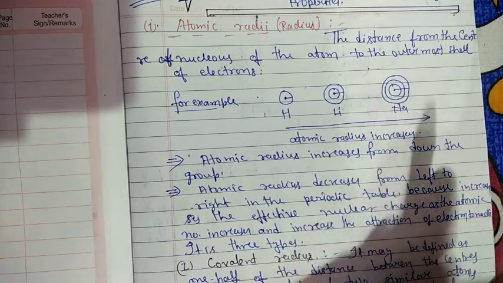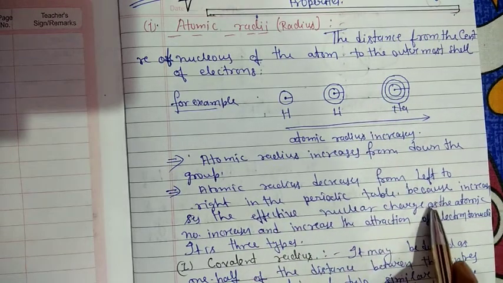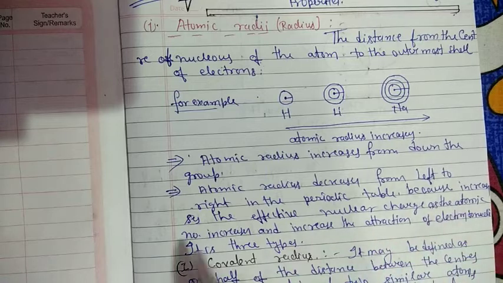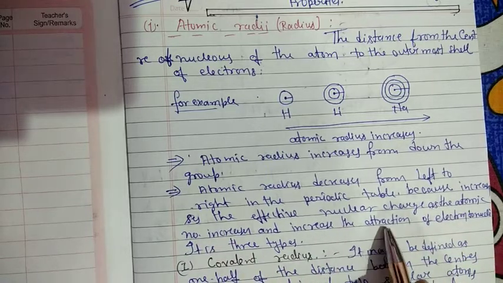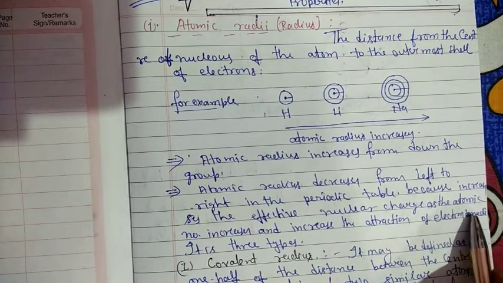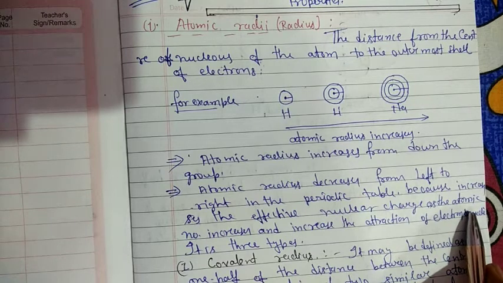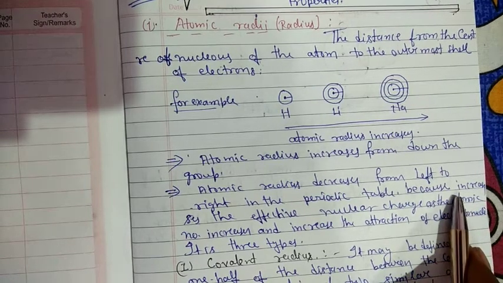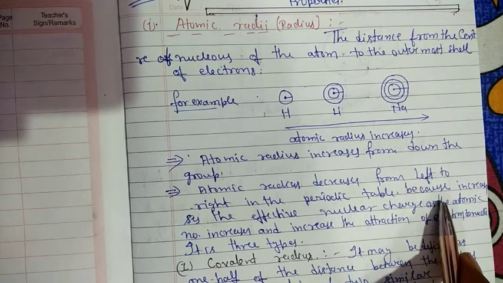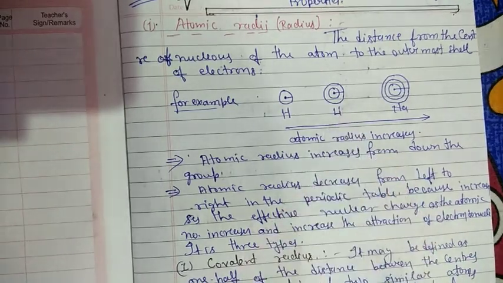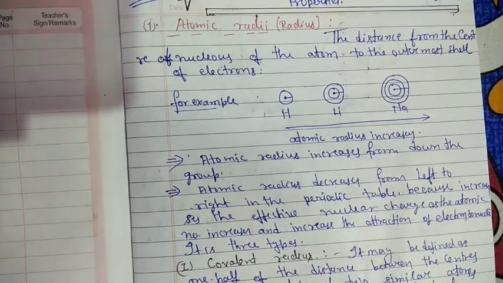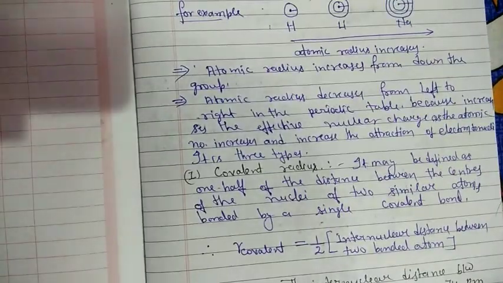The main reason is that the effective nuclear charge increases as the atomic number increases, increasing the attraction of electrons to the nucleus. So atomic radius decreases across the period and increases down the group. Simple way. And actually, atomic radius is of 3 types.